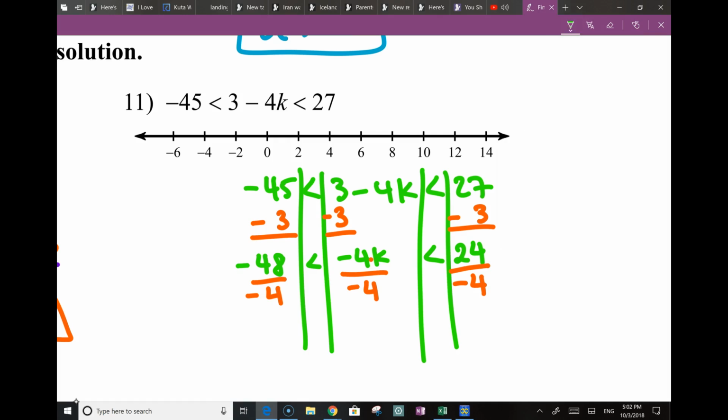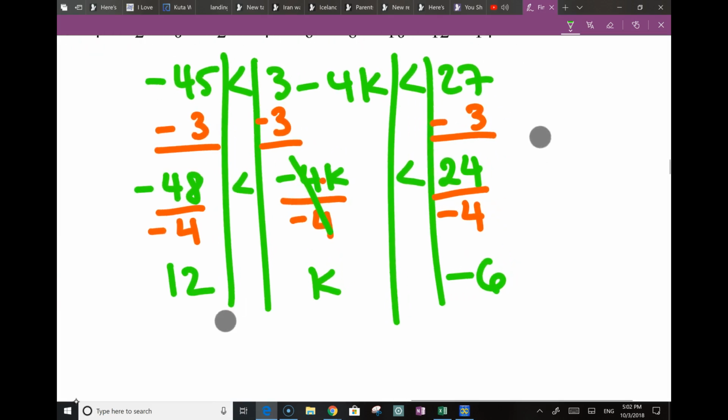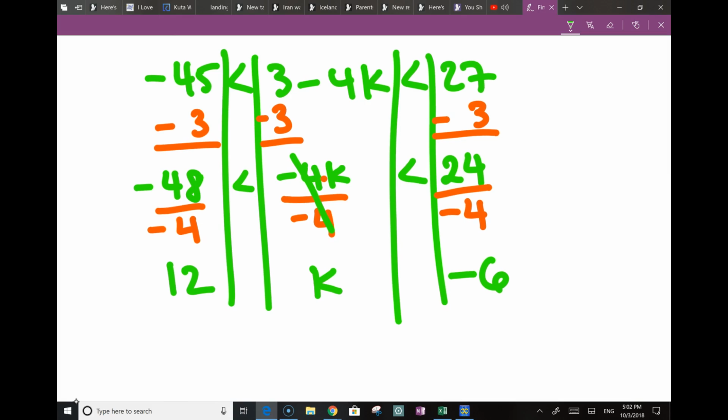However, this is where it gets a little interesting, and I'll explain why. So first, the new numbers. Here I get positive 12. I get just k in the center. These two become a 1. 24 divided by negative 4 is negative 6. Okay. Now, the reason I didn't write the inequalities is because I wanted to tell you something about what happened here.